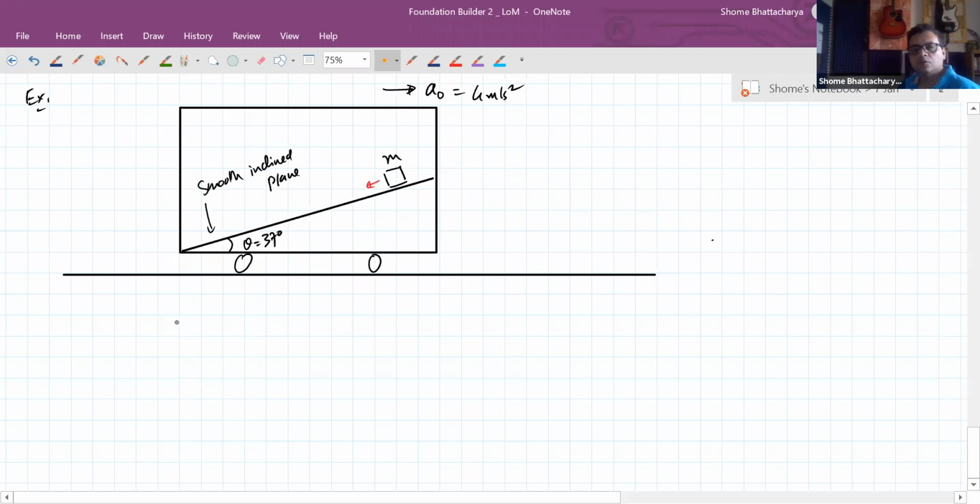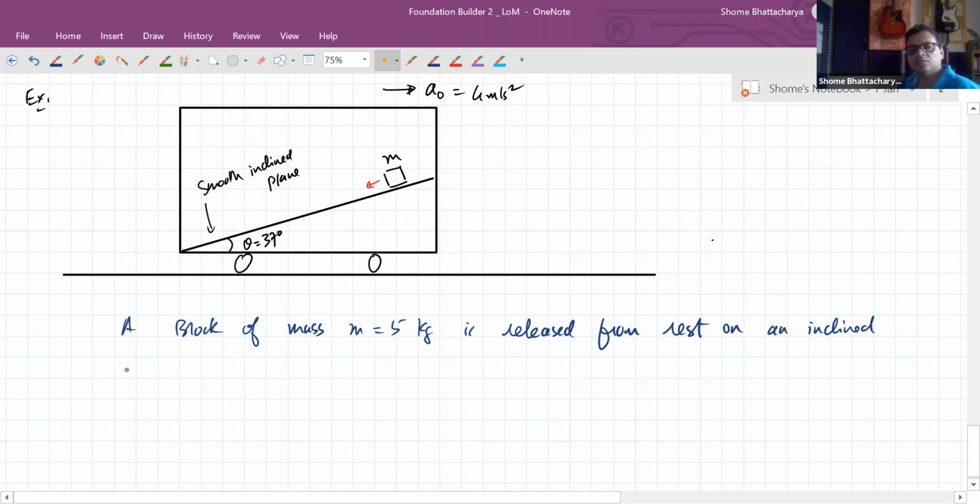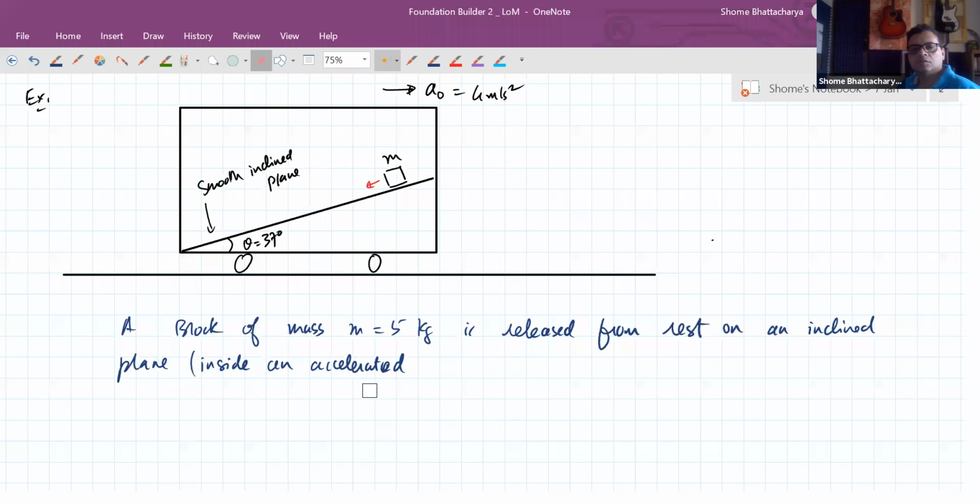Okay. So a block of mass m equal to, let us say, 5 kilograms is released from rest on an inclined plane inside a moving frame, inside an accelerated box or something like this.